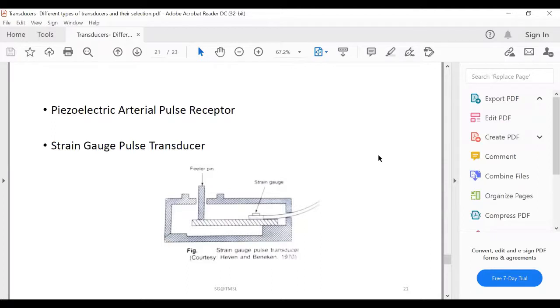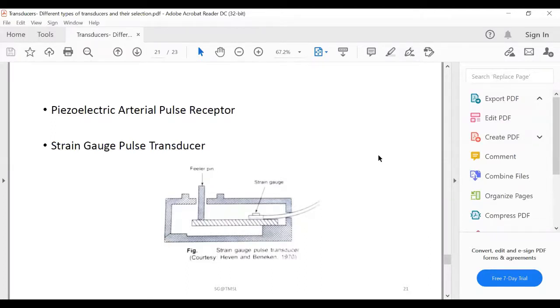At the end of this tube is a piezoelectric transducer that is used to convert the pressure change to an electrical signal. This electrical signal is then amplified and displayed on some display device.